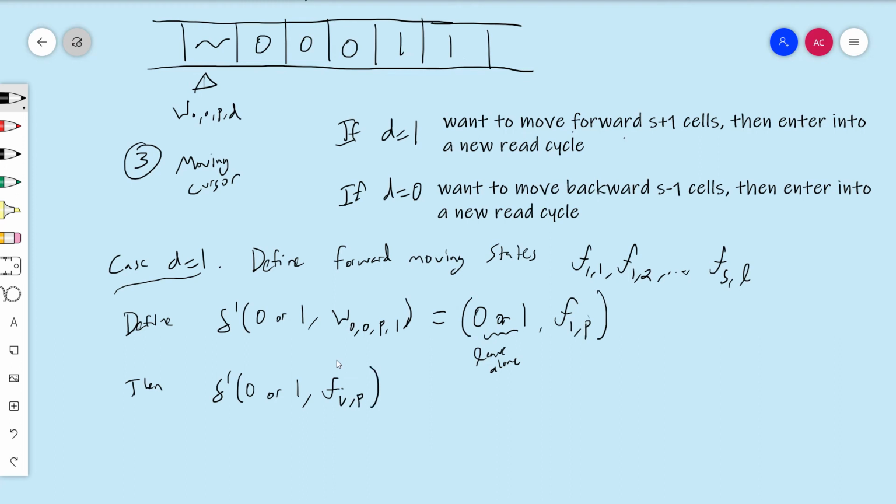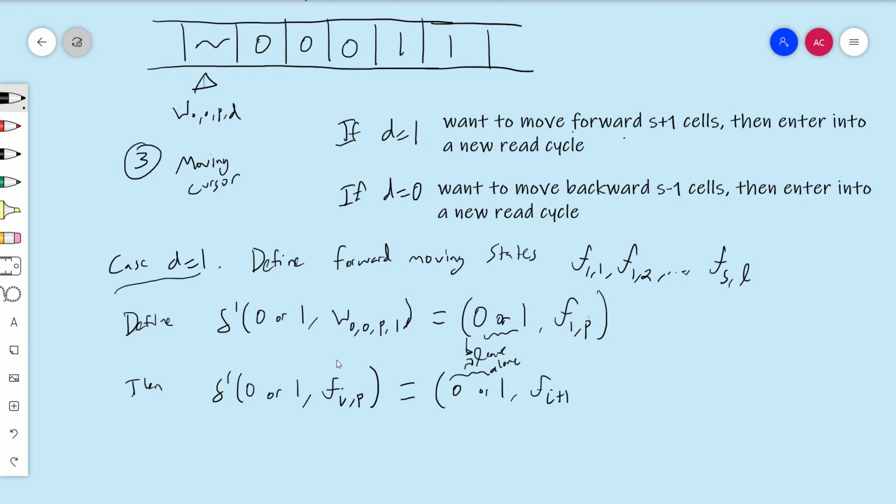F_{i,P}, what's that going to be? Well, that should be, as long as i is up to S minus 1, what I'm going to do is I'm going to say it's 0 or 1. Again, still leaving alone.